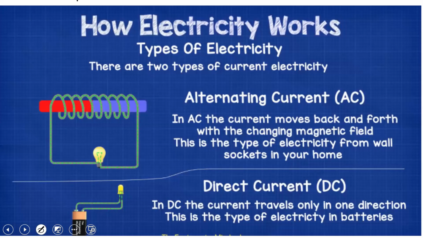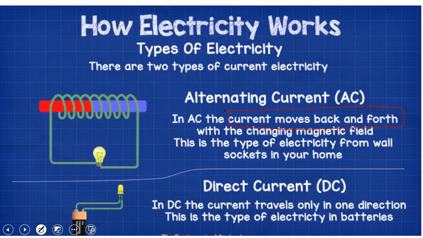This is the type of electricity from the wall socket in your home. The type of current that reaches your home is AC. It's not DC. In your home, it is AC.